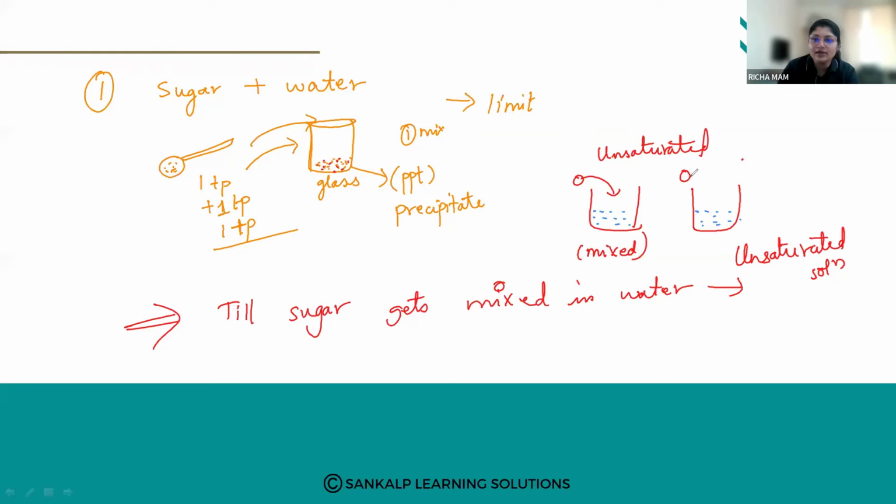Now what is happening? After adding too much sugar, a limit is reached where the sugar is getting precipitated at the bottom. So what is this?